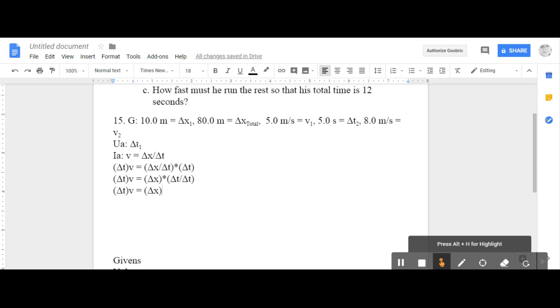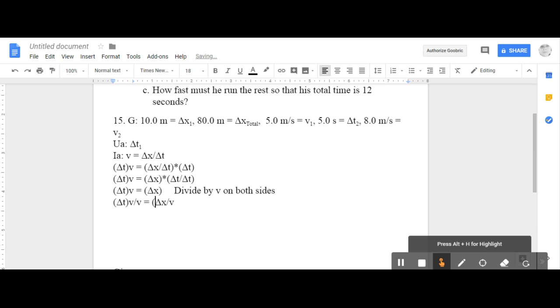Okay, so I still need to solve for delta t. And right now I have delta t times v, so I need to undo multiplying by v on this side. So I need to divide both sides by v. So you get delta t times v divided by v, and delta x divided by v.